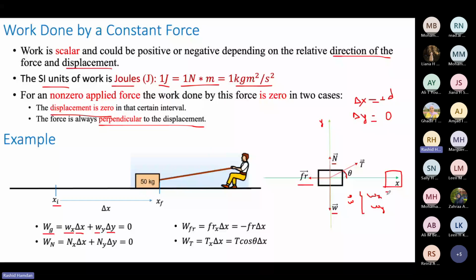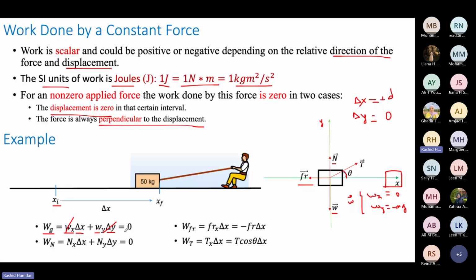On the y-axis, it's actually in the negative y-axis, so it's minus mg. So when we come to find the work done by the gravitational force, we have the x component times the x displacement, but this is 0, so the whole term becomes 0, plus the y component multiplied by delta y, but this delta y is 0, so we got 0.